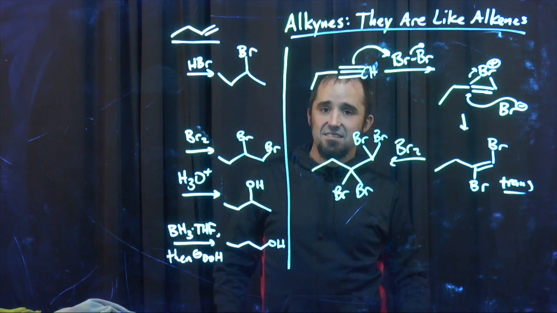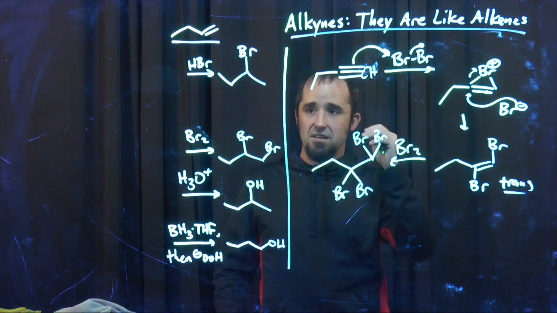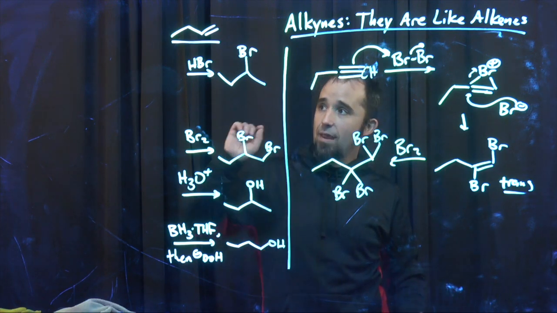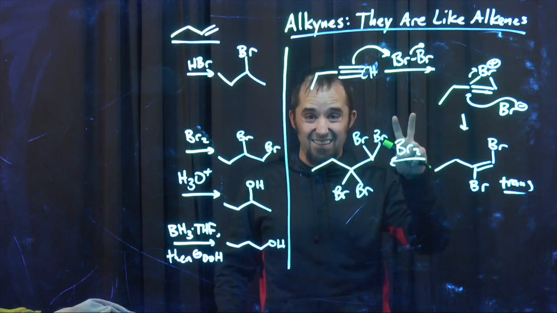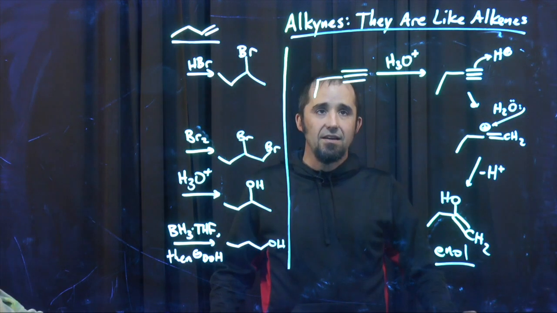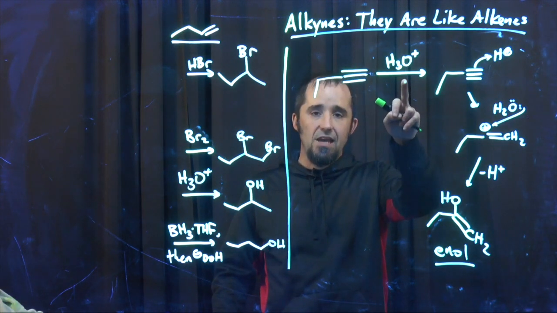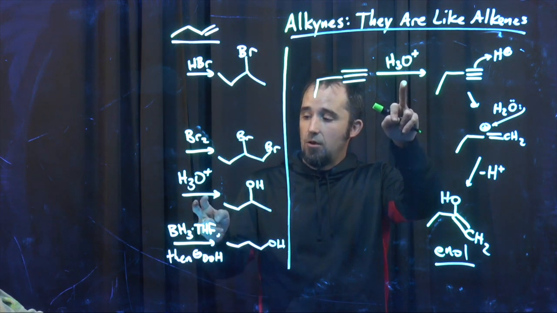So much like our last example, this is simply a case of both pi bonds reacting, one after another. The reaction that we would do with an alkene, we do here twice. Once, twice.